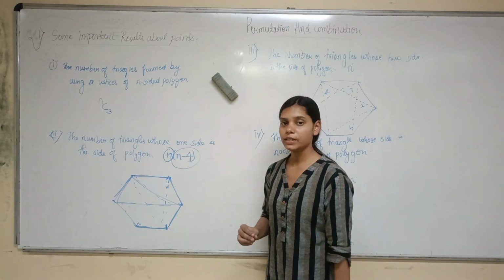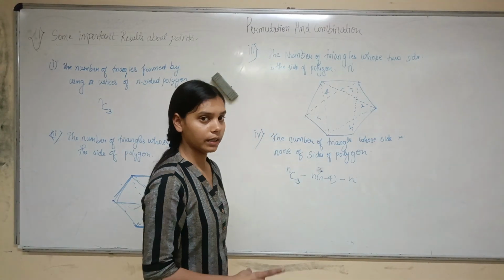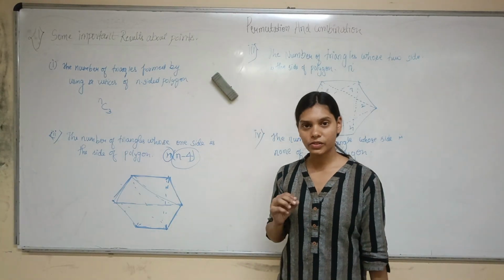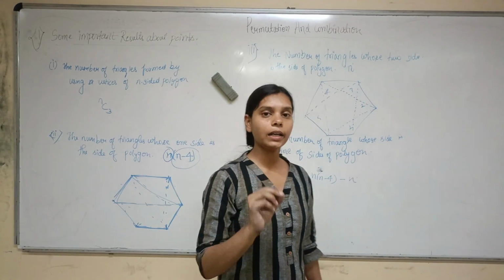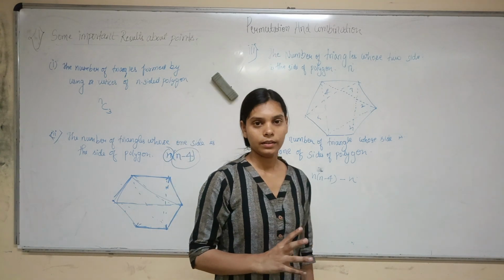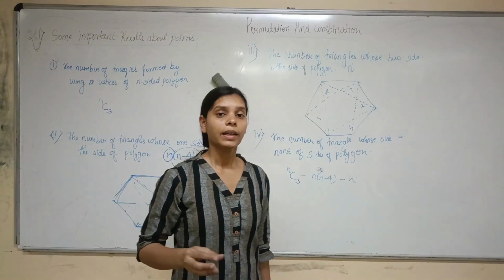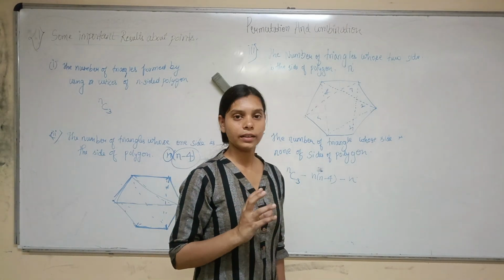Okay, vertices of a regular octagon. What do you mean by octagon? Tell me anyone. Exactly. 8 vertices are there. Octagon is a polygon in which 8 vertices are there.